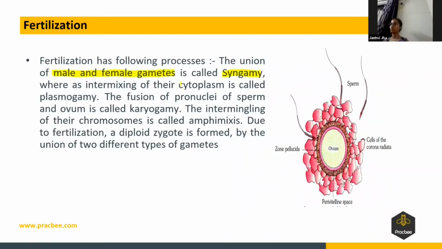And there will be a mixing of cytoplasm, plasmogamy. Fusion of nucleus, karyogamy. The intermixing of chromosomes, amphimixis. Those are very important points. All these things occur and this leads to the formation of the zygote.